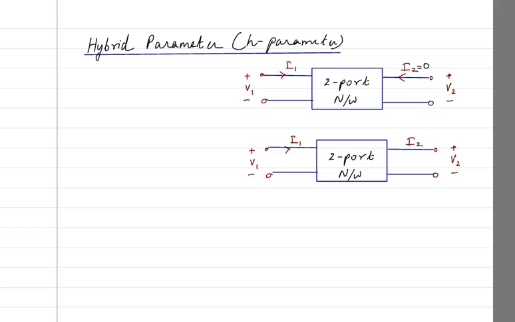Hello students, next we are going to look into the hybrid parameter, also called the H parameters. For the H parameters, the equation is between V1 with respect to I1 and V2, as well as the current in the second port, which is I2 with respect to I1 and V2, and the values that connect them are H11, H12, H21 and H22.